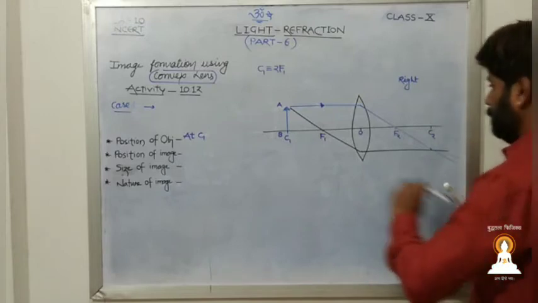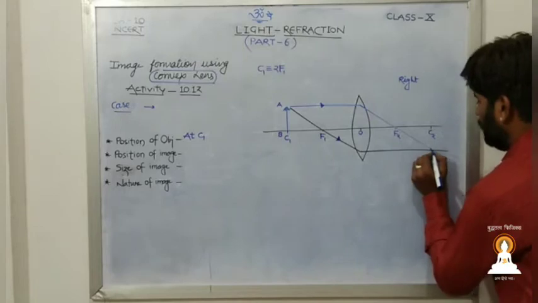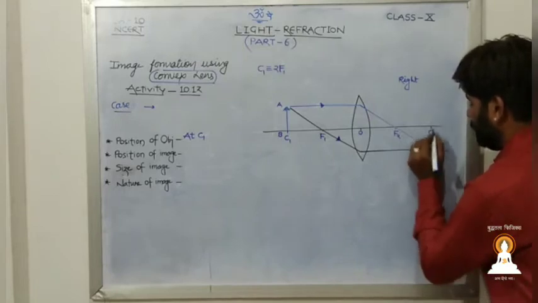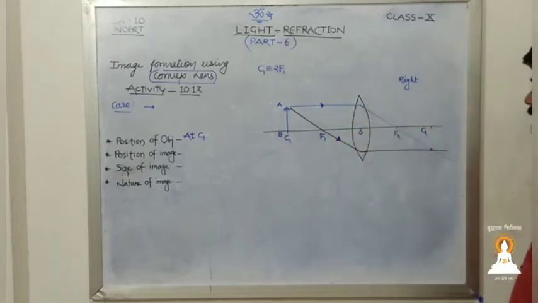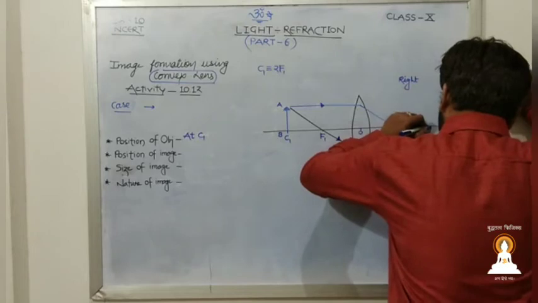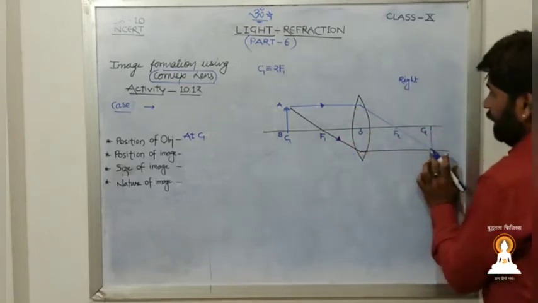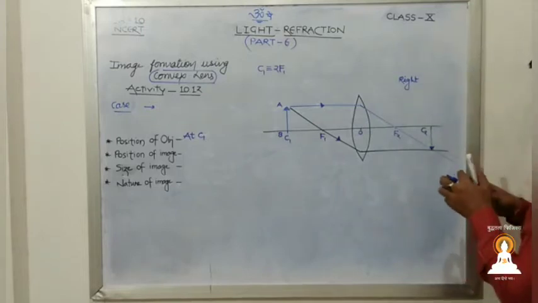So this is going to be the second one. And just after that it will meet at the center. Yes, this is the center 2. When the object is at center 1, the image will be formed at center 2. And as this was A, this is going to be A dash.